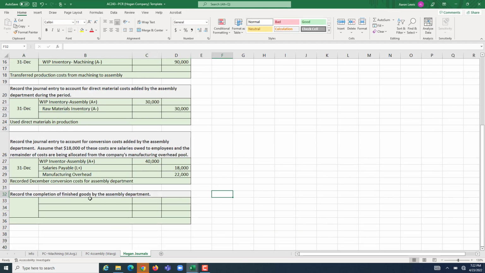And then lastly, we finished assembling some gonculators, and the costs in those gonculators that we finished can't be in WIP anymore, because WIP, fix that typo, WIP is work in process. Those are no longer in process, so we have to transfer them off to our finished goods inventory.